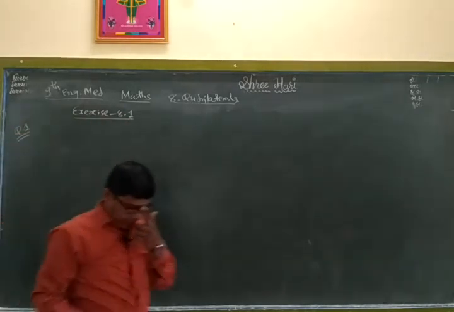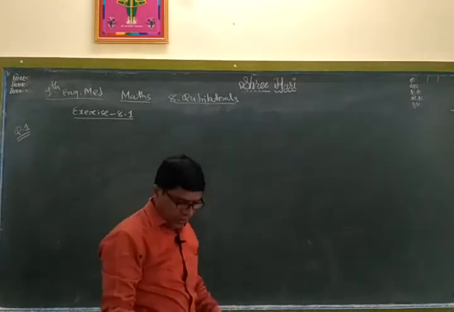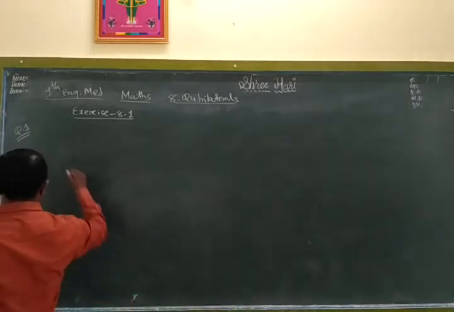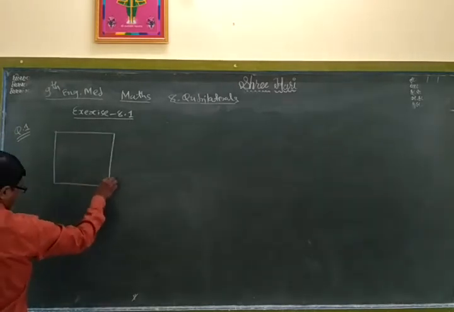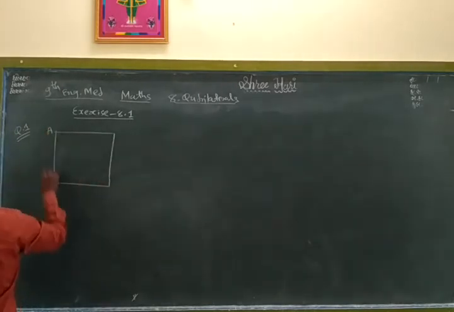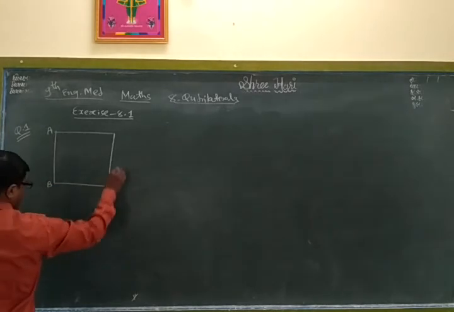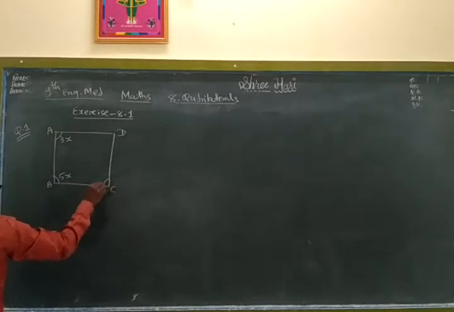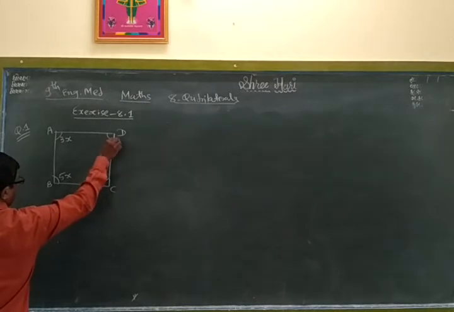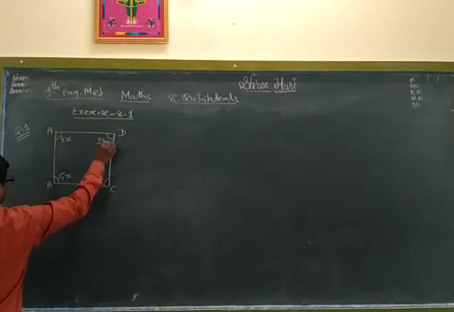First, what is written here? The quadrilateral ABCD is given here. The angles are 3x, 5x, 9x and 13x.